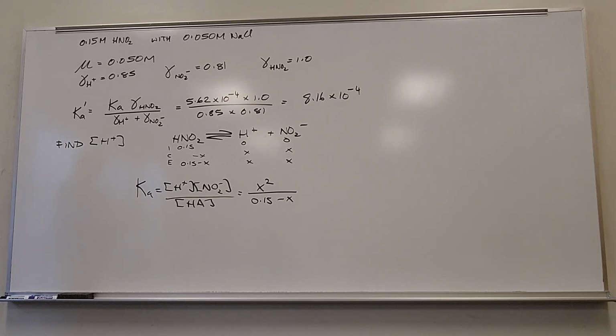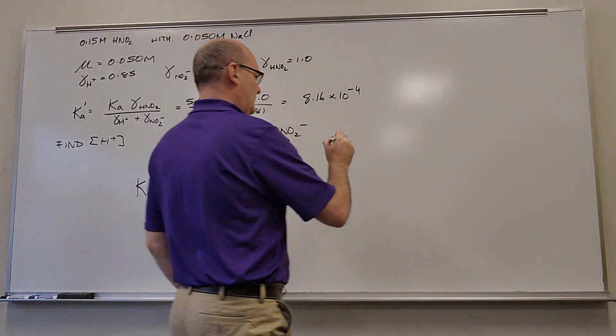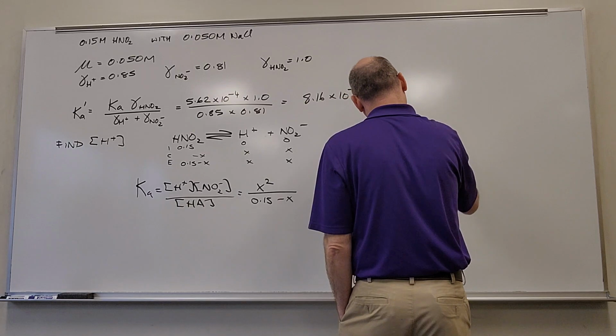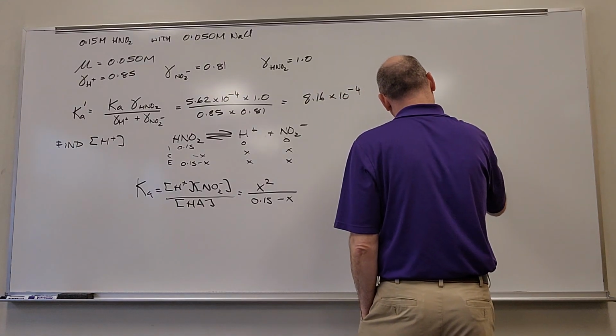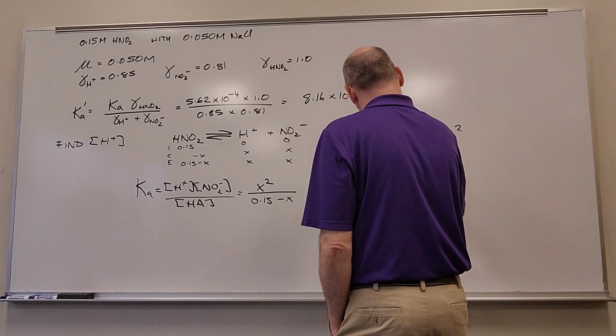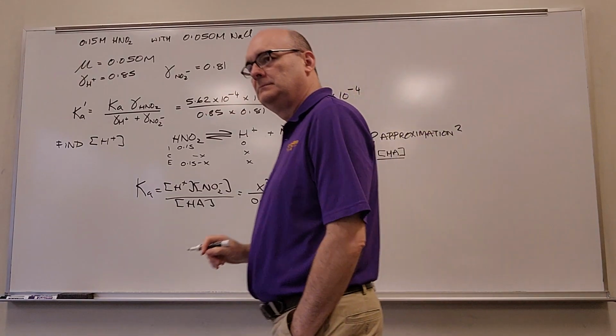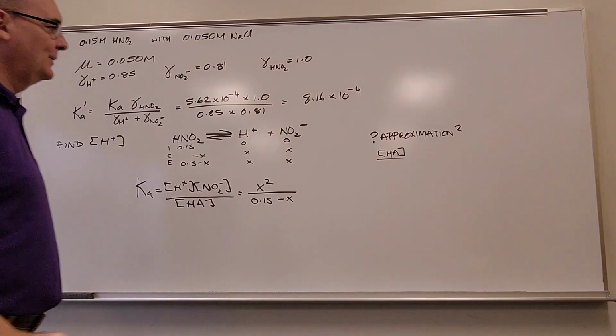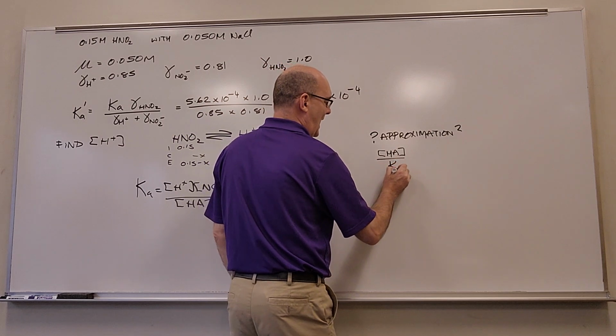Ka is now 8.16 times 10 to the negative 4. So the way that we do it is we put the concentration over the Ka.